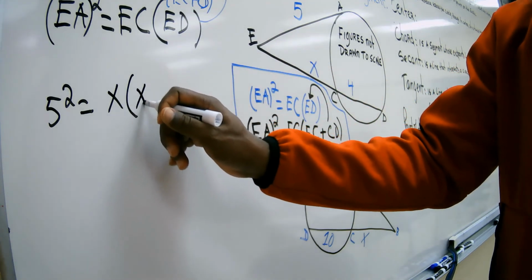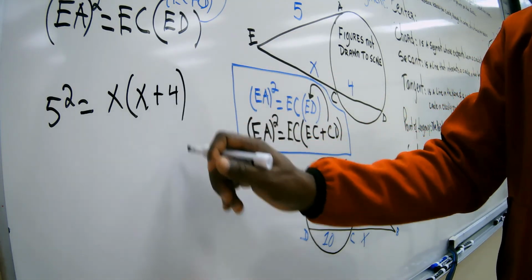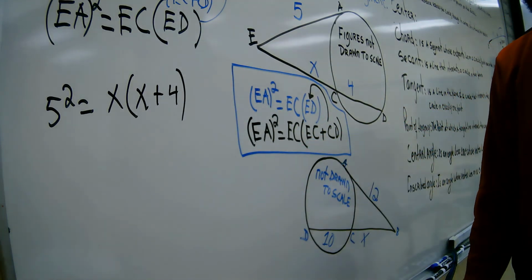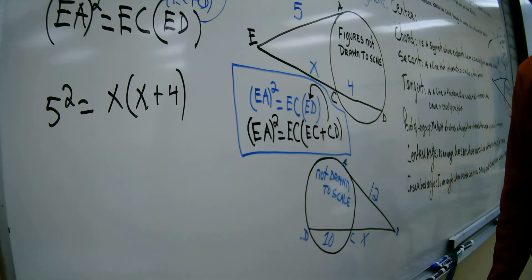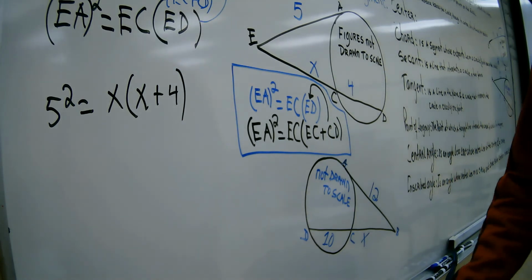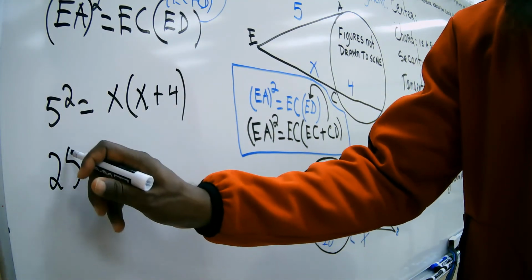EC is x and CD is 4. And be aware, when you're working these kinds of problems, they are going to create a quadratic equation where we will have to use either completing the square, factorization or the quadratic formula. So this is from Algebra 1.